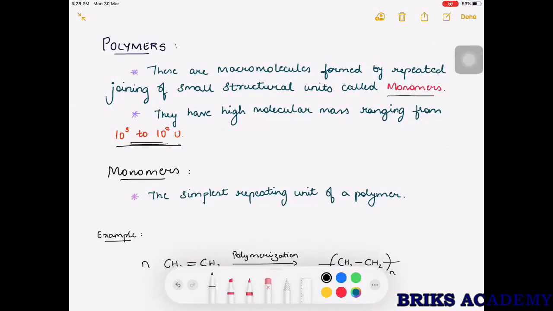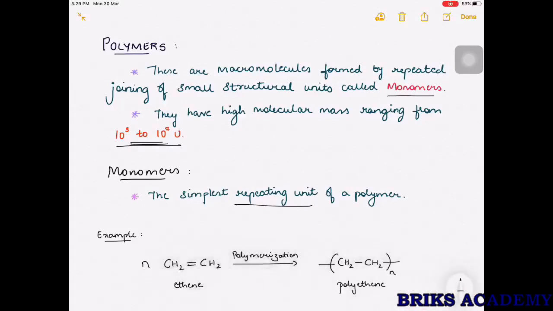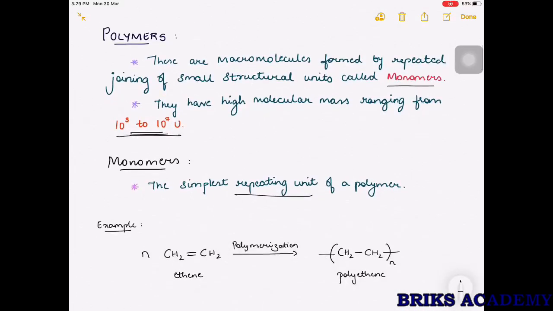So what are monomers? Monomers are those simple repeating units of a polymer. So let us consider an example for both of these.